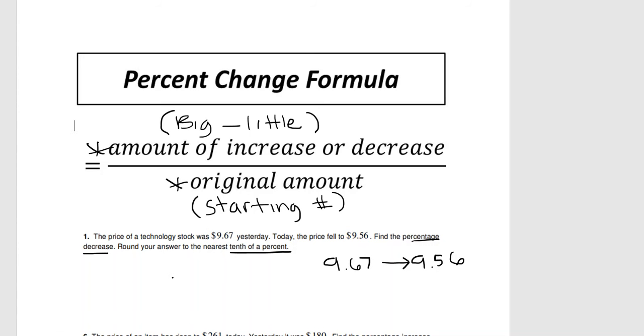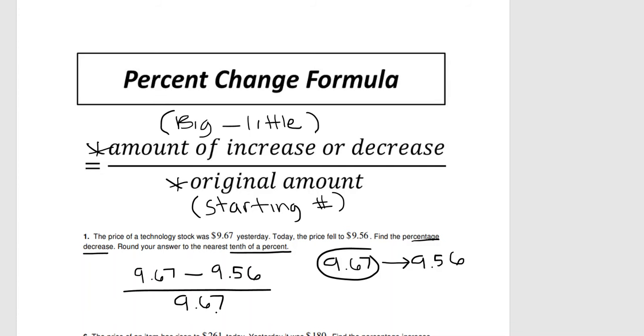So the first thing that we're going to do is find the amount of decrease. We're going to take the big number, $9.67, subtract the smaller number, $9.56, and then divide by our starting number, or our original amount. Because yesterday is before today and the yesterday price was $9.67, we are going to divide by $9.67.